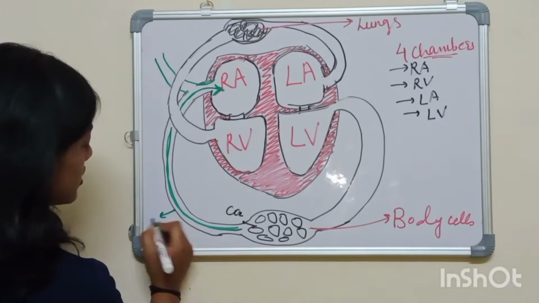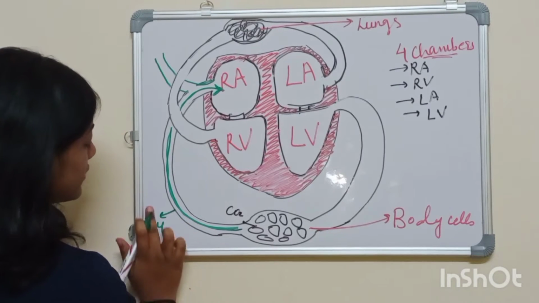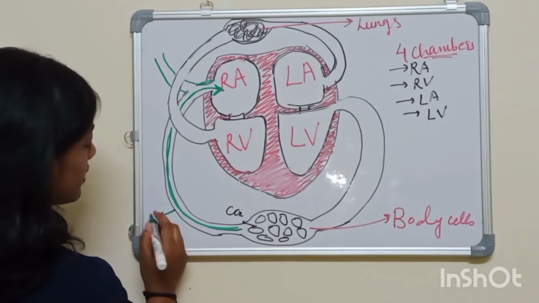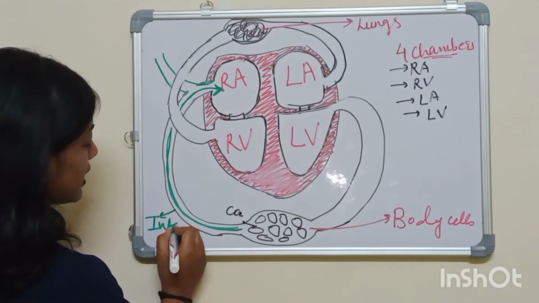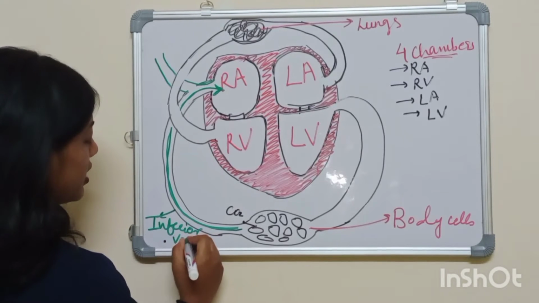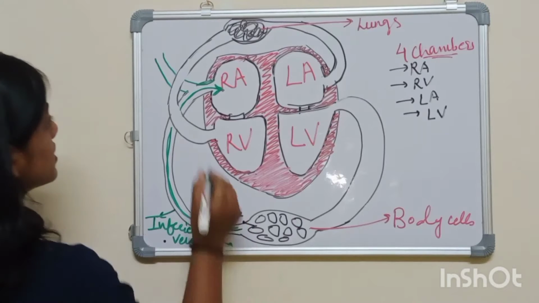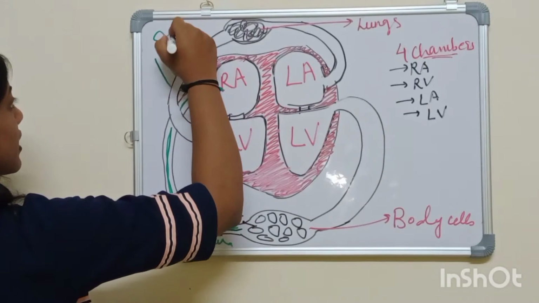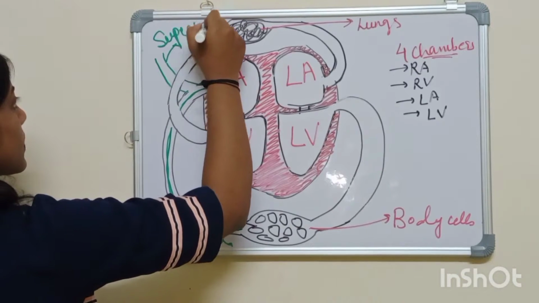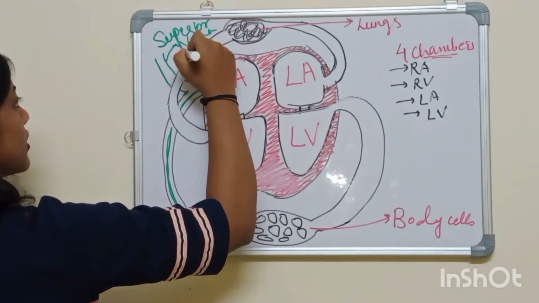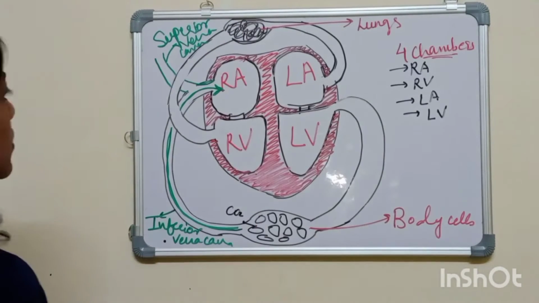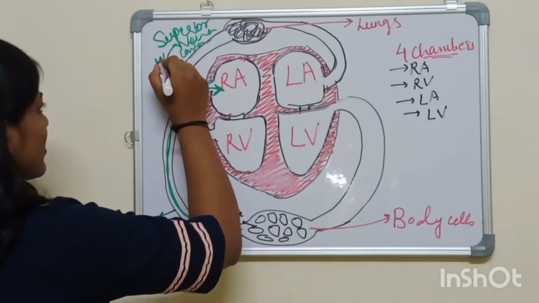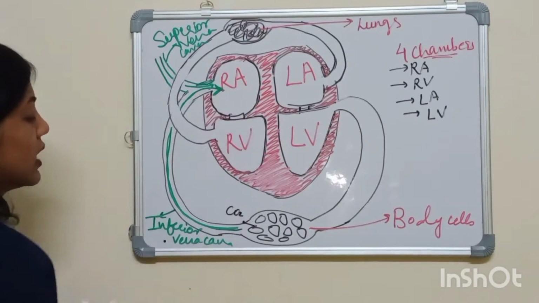This is the inferior vena cava. This is the superior vena cava. What is superior and inferior vena cava? Let me explain.